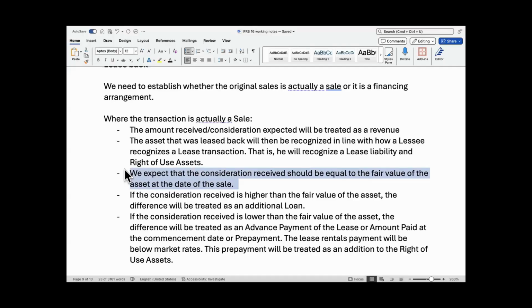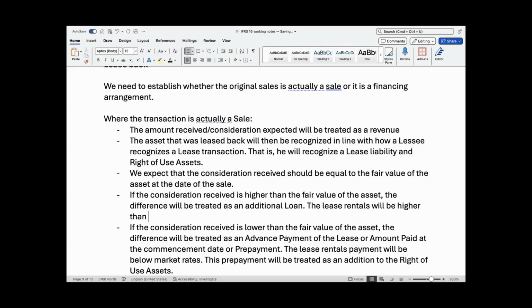So the first thing we check is that if the money you received from the sale is higher than the fair value, we treat the difference as an additional loan. In this case, the subsequent lease rentals will be higher than the market rates because they will factor in the loan repayment also.